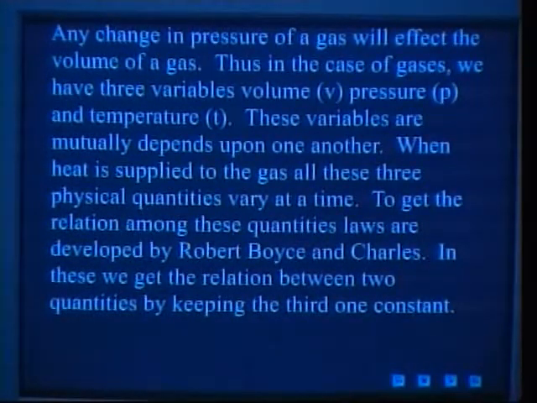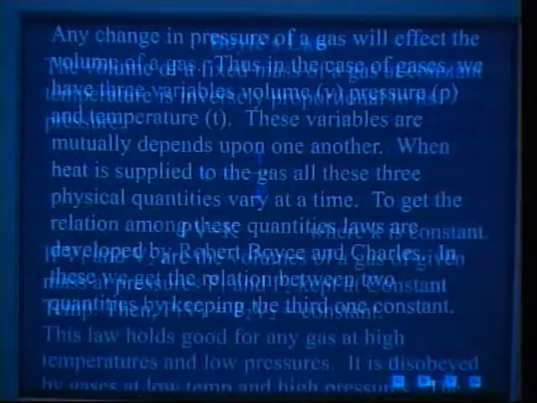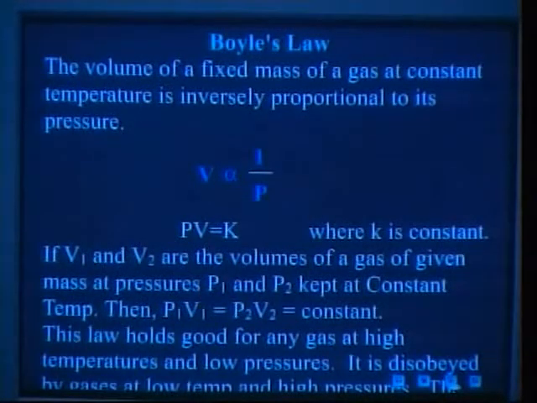To get the relation among these quantities, laws were developed by Robert Boyle and Charles. In these, we get the relation between two quantities by keeping the third one constant. Boyle's law states that the volume of a fixed mass of gas at constant temperature is inversely proportional to its pressure.